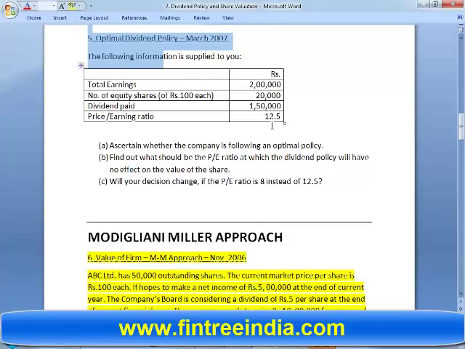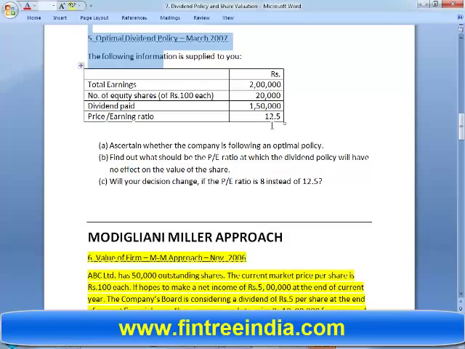return on investment and cost of equity should be same. Current return on investment, so below that table, make a small table.